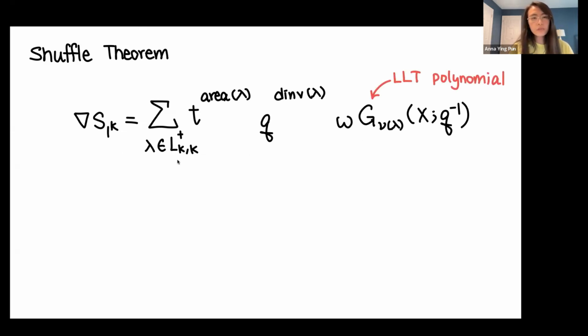There are two types of combinatorics here: the LKK are the paths, and this G here is the LLT polynomials. Like was just asked, what is the relationship between this and the chromatic thing that we learned last month? The LLT polynomials have a connection to the chromatic symmetric functions or chromatic quasi-symmetric functions. So that's a connection here.